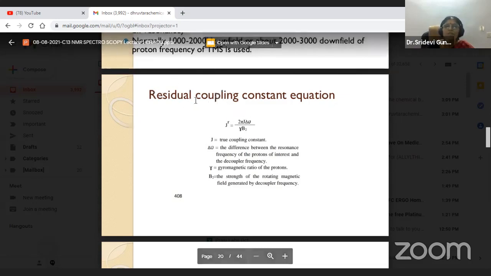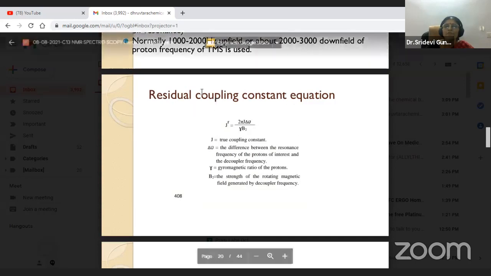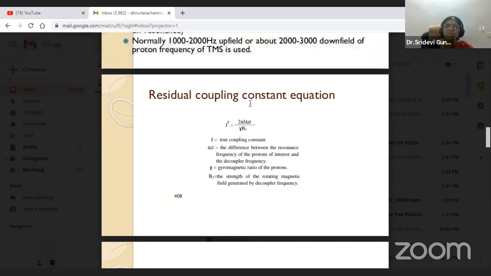That means the distance between the lines of the multiplet is not equal to the coupling constant. It is only residual. I told you the coupling constant range is between 125 and 250 hertz. That wide spread between the signals is not observed here.